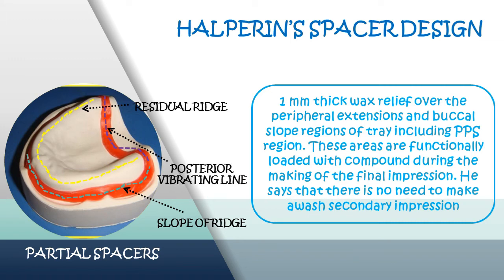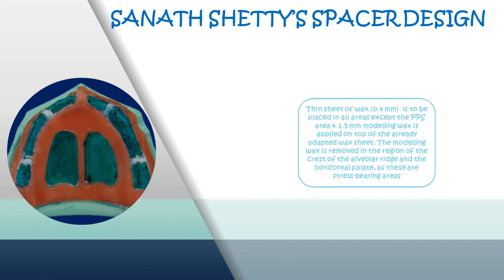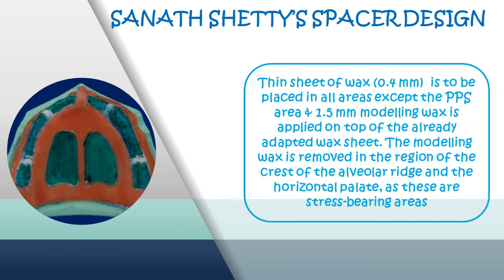Next spacer design is Sanath Shetty's spacer design. This is a special type of design. A thin sheet of wax is to be placed in all areas except the PPS area, and 1.5 mm modeling wax is applied on top of the already adapted wax sheet. The modeling wax is removed in the region of the crest of the ridge and the horizontal plates, as these areas are stress bearing areas.